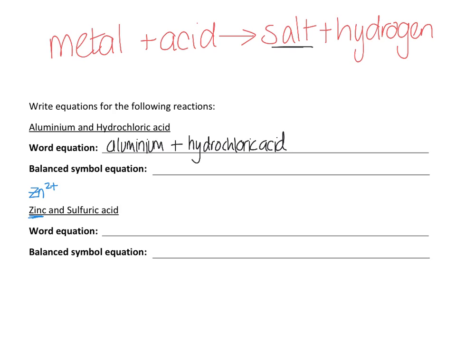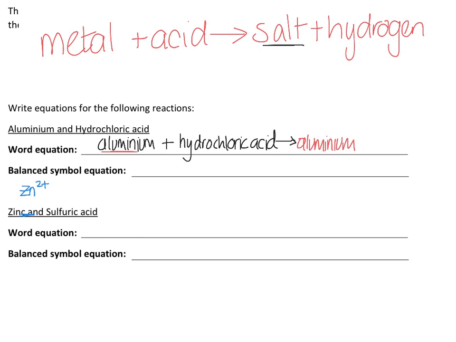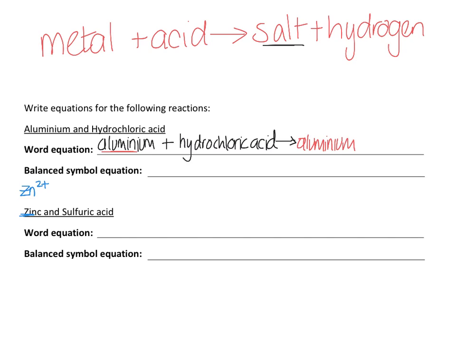Well, we take the first part of the name from the metal, which is aluminium. So it reacts to give us aluminium, and then the second part of the name comes from the acid.